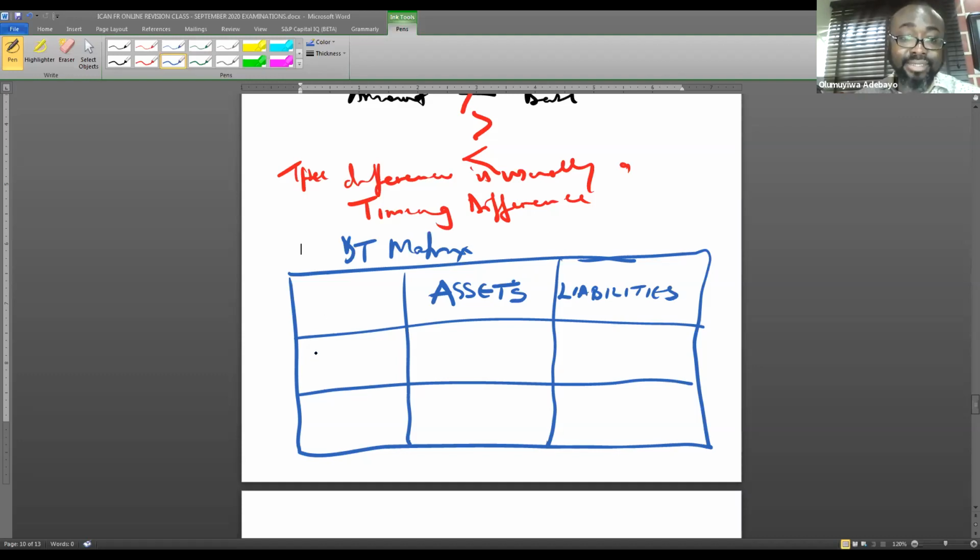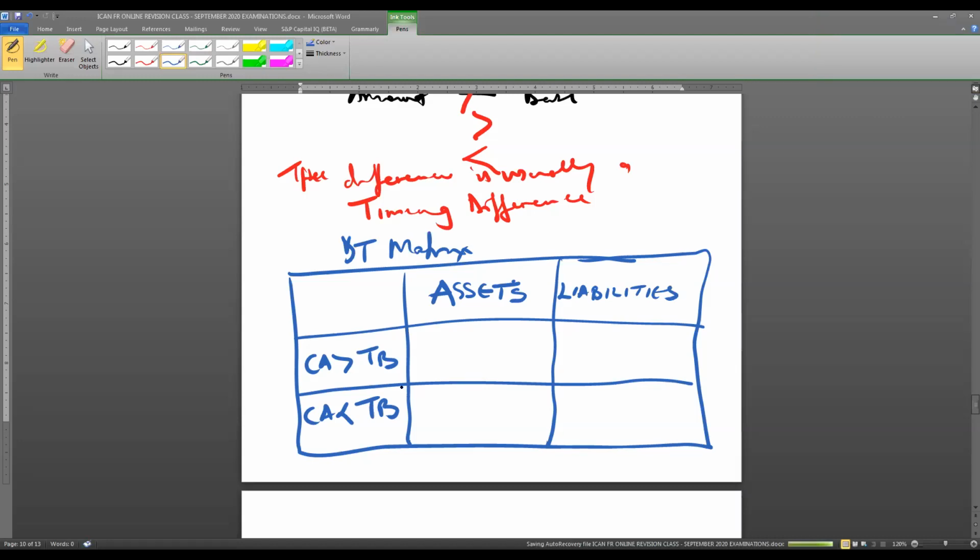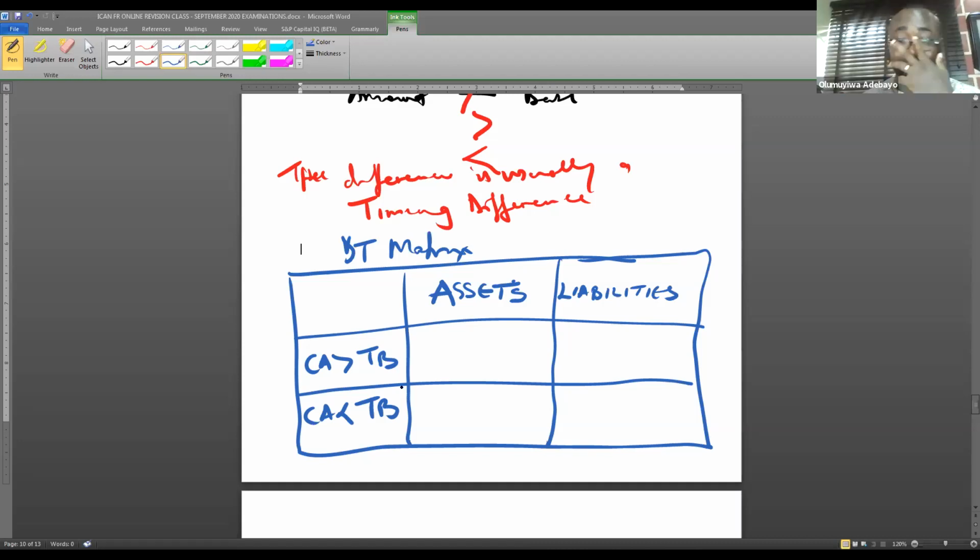And again, it's either the carrying amount is greater than the tax base, or the carrying amount is less than the what? Tax base. Those are the two states of nature. If they are equal, there's no temporary difference and there's no deferred tax. But if they are not equal, either one is greater or less than, and they'll give rise to deferred tax from two perspectives. Is it taxable or is it deductible?